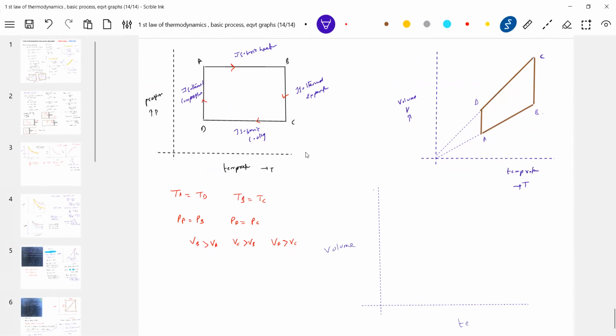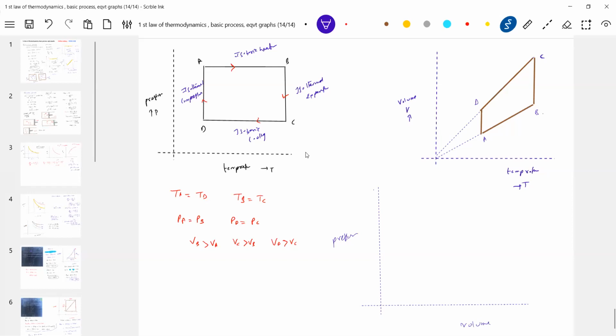Already volume plotted, no? Pressure versus volume, sorry. So there's a pressure. Now isobaric heating.